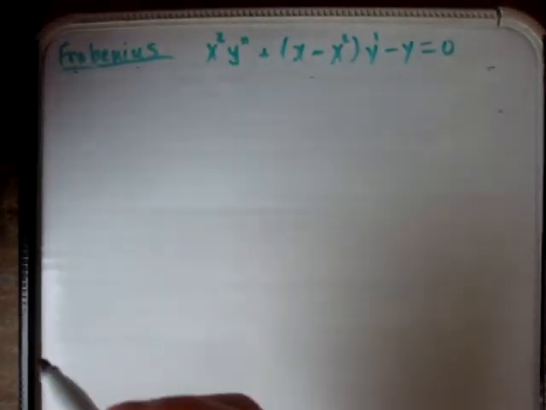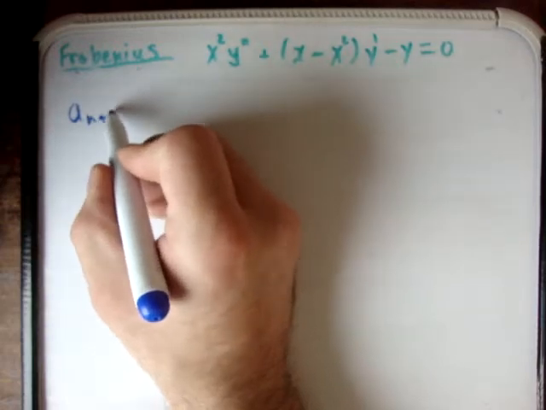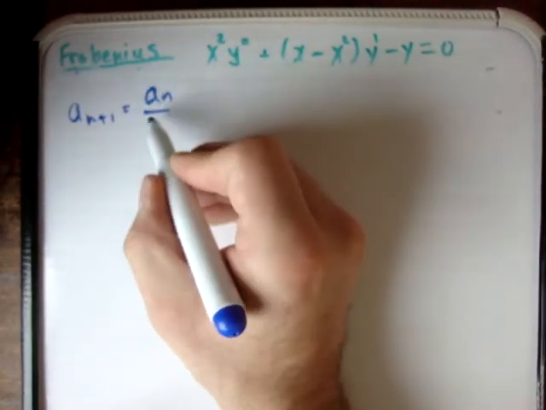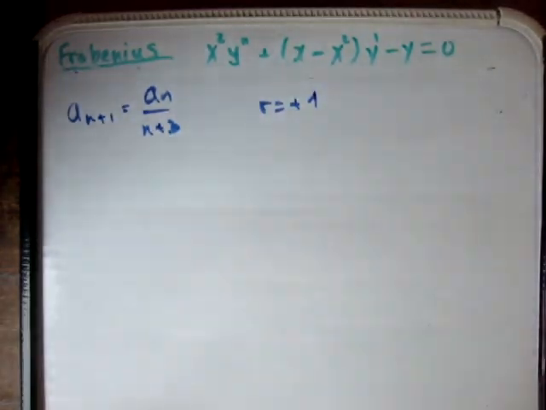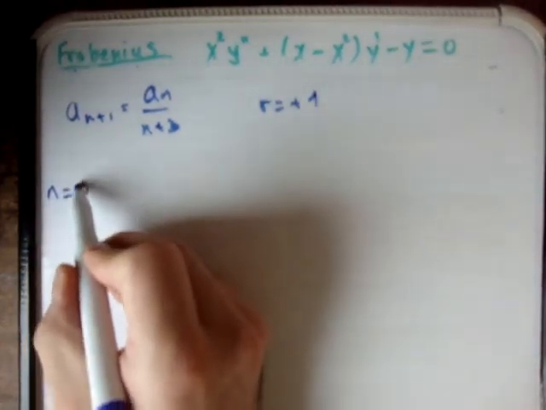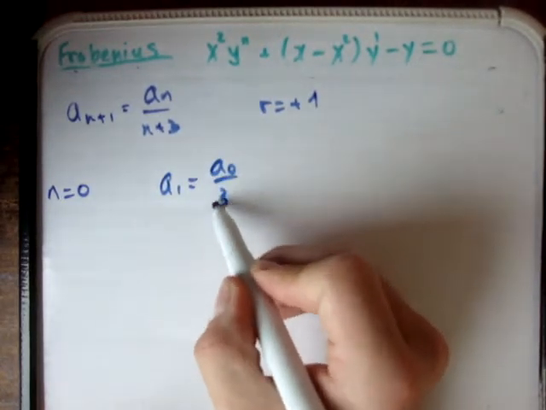In this case we found out that a_(n+1) is equal to a_n over n plus 3, whereby r is equal to positive 1. As a result, do the same thing, start plugging in your values. For n is equal to 0, a1 is equal to a0 over 3.